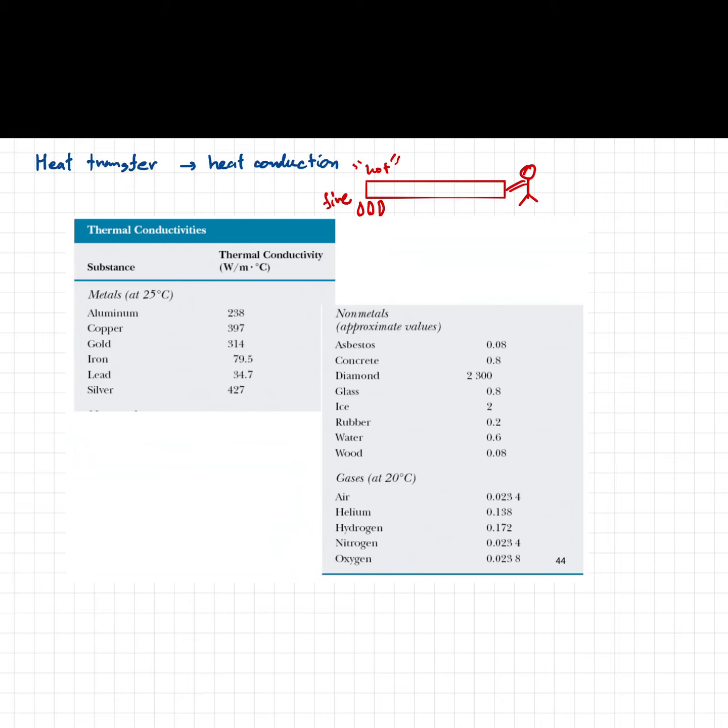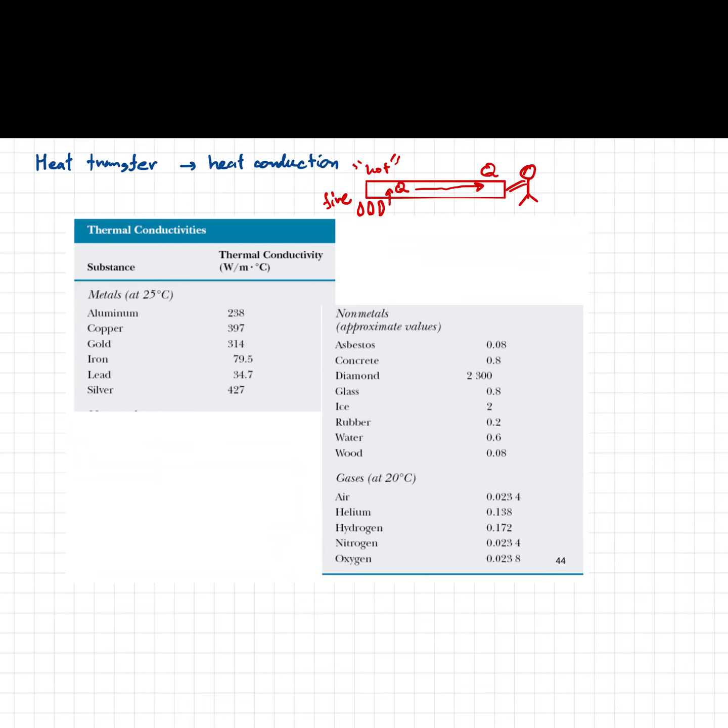So what happened here is that this side absorbs some heat onto the block, and then it transfers heat along this bar, so that the other end will eventually become equally hot. So this kind of heat transfer is called heat conduction.